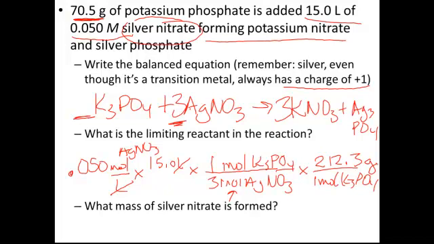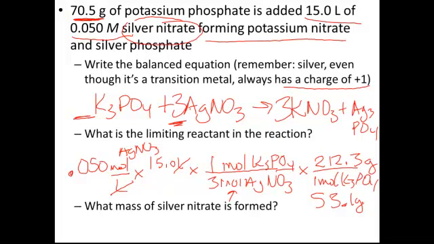Listen to how I do the math here. I'm going to start at the very beginning, 0.050 times 15 divided by 3 times 212.3 equals 53.1 grams of potassium phosphate.